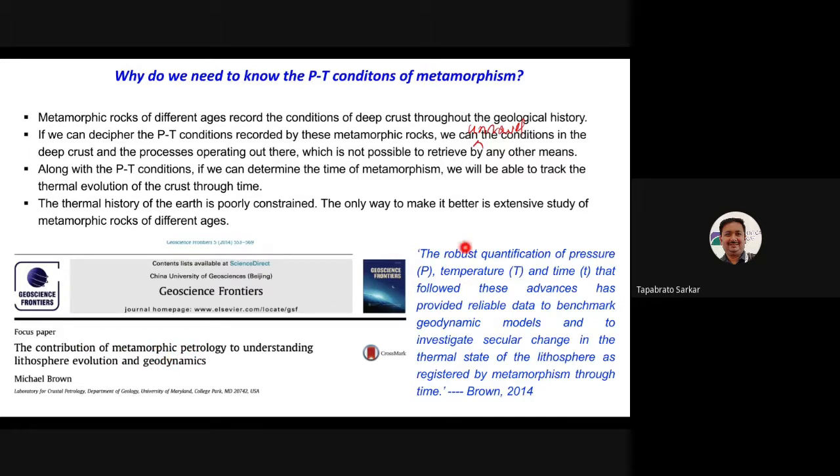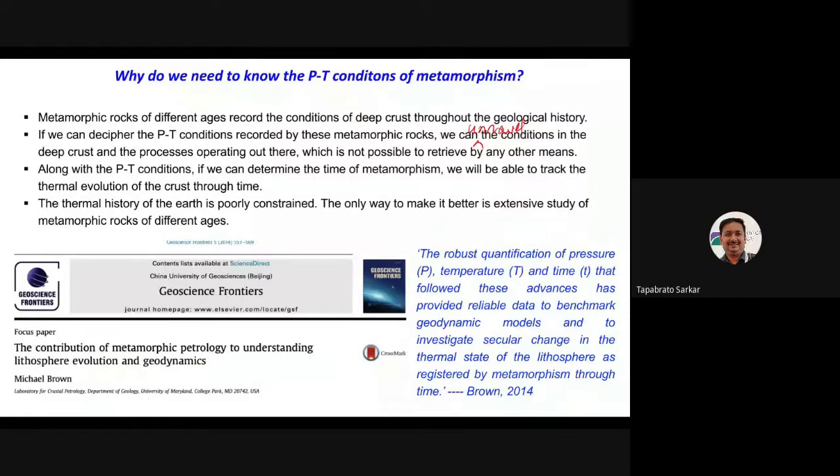An extract of this paper says that the robust quantification of the pressure, temperature, and time that followed these advances has provided reliable data to benchmark geodynamic models and investigate the secular change in the thermal state of the lithosphere as registered by metamorphism through time. Basically, it has given us a very good understanding of the secular change of the thermal state of the lithosphere, which is the lithospheric evolution and geodynamics.